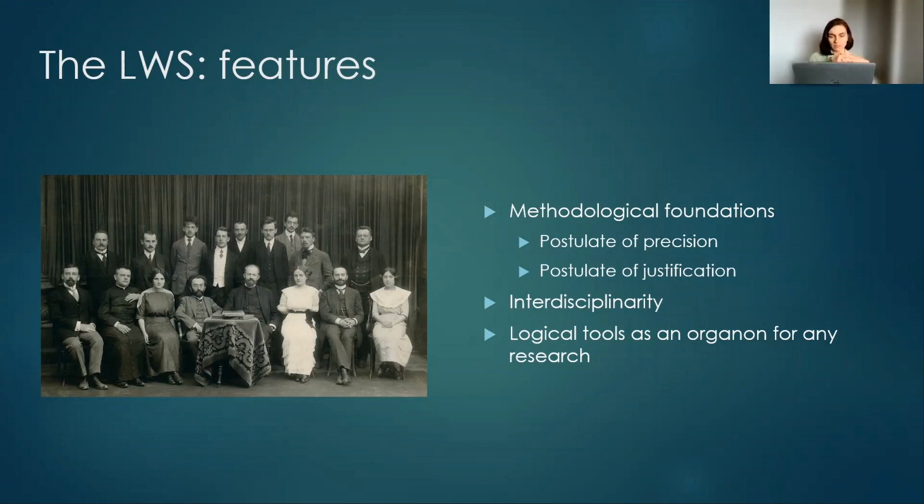According to the postulate of precision, if a philosopher wants to state something, it has to be presented clearly and precisely. So when Twardowski taught at his seminar, he told his students, when presenting for instance a classical philosophical paper, you have to state what this philosopher had in mind, but you have to express it more clearly than he did. And also your ideas have to be presented as clearly as possible.